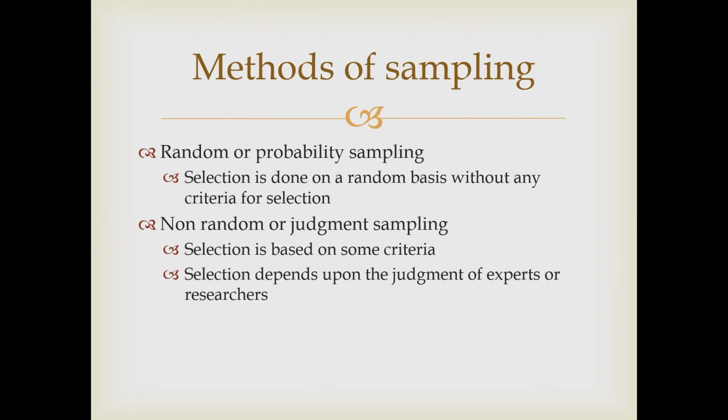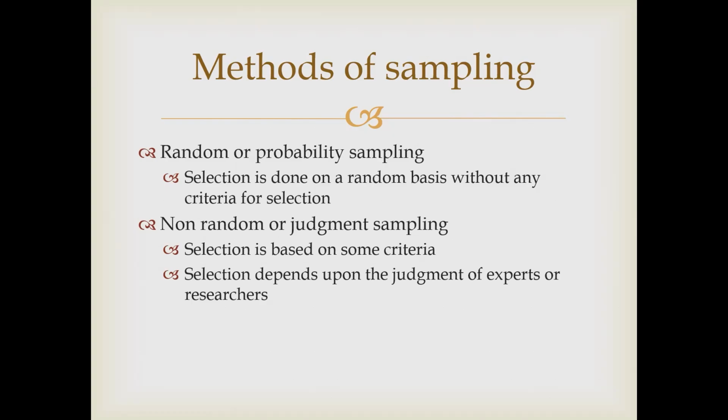These are examples of criteria. In the case of lottery, there is no criteria. Anybody can win the first, second or third prize. So that is what is meant by random basis. Selection is done on a random basis without any criteria.